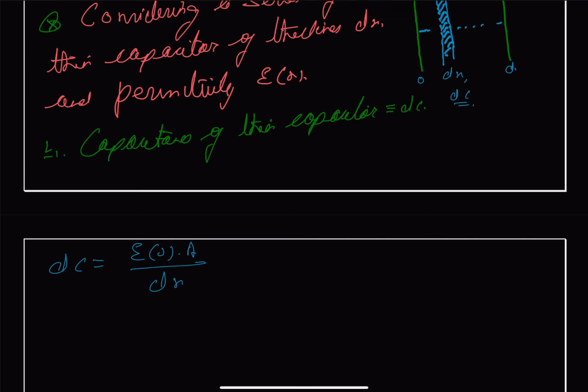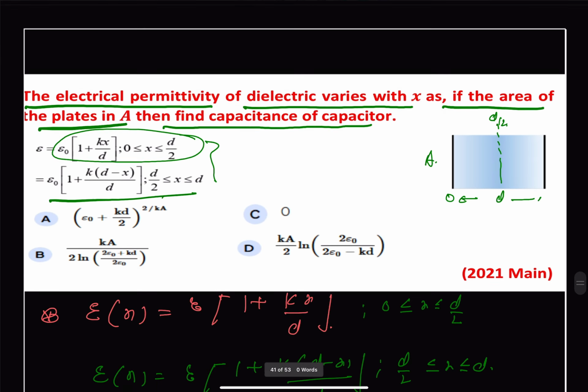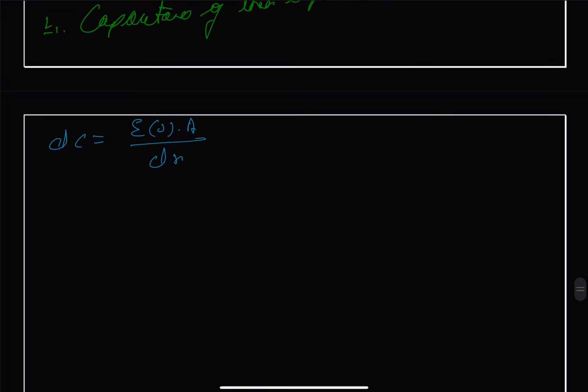From here we can write that the small potential across this thin capacitor will be dx divided by epsilon x multiplied by A. So we can find the total potential difference.